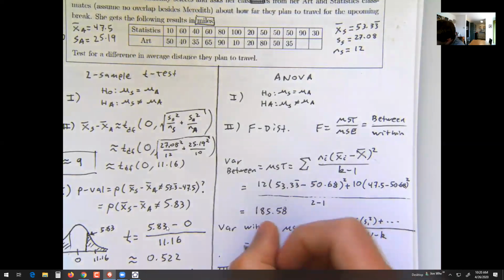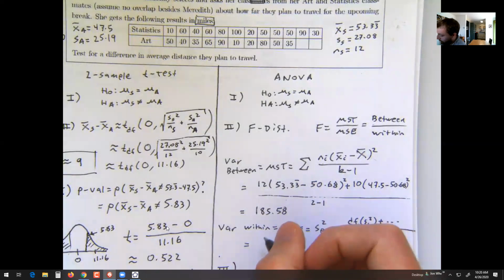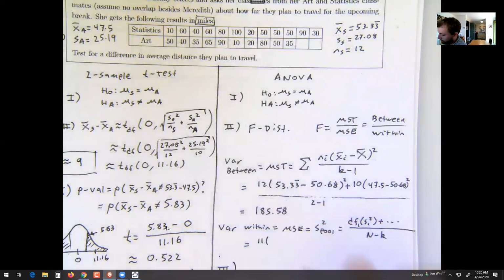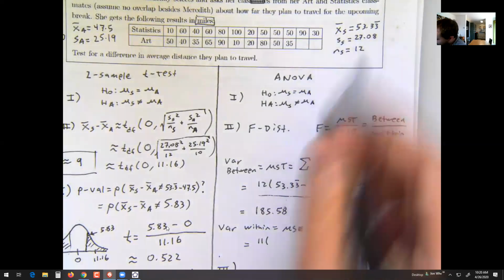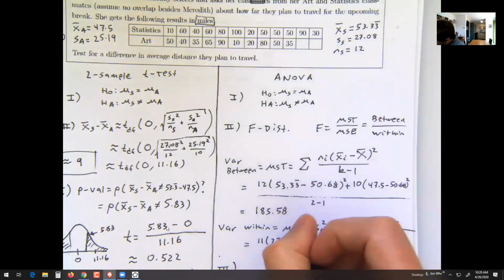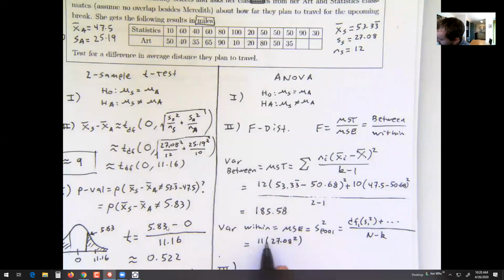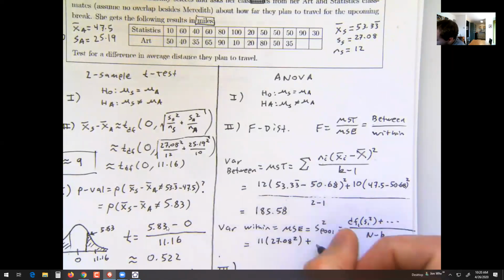So for our example, our first group of 12 has a DF of 11. Their standard deviation was 27.08, and I square that, so I'm looking at the sum of squares of these errors, the SSE, and I'm going to divide this by my degrees of freedom to get my MSE.